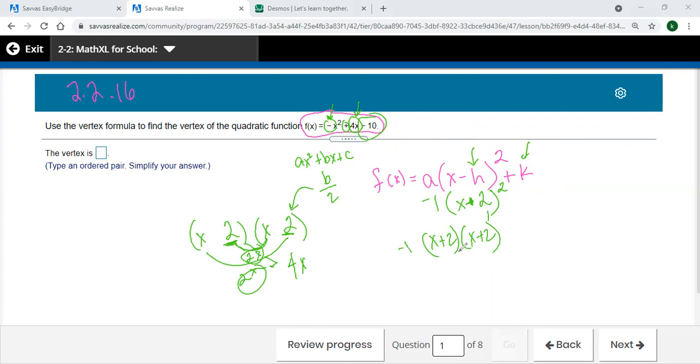So we might think about that, because there's an x squared and a 4x, and then we got that +2, so we got a +4, but then all of that has a -1 out here. So this is going to be my -x squared, but see, that's a -4x.